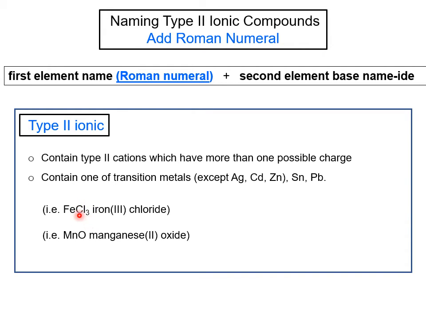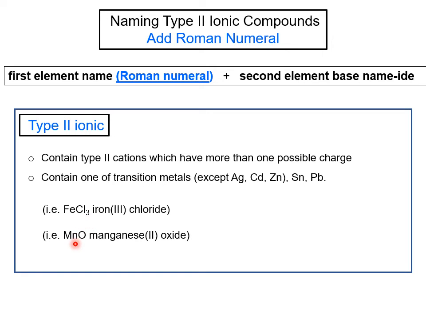Since there are 3 chlorines present, that would mean that the iron has a charge of +3 in order to neutralize this compound. And so we would name this as iron(III) chloride. You'll notice that oftentimes the Roman numeral is the same as the subscript of the nonmetal, but that is not always true.